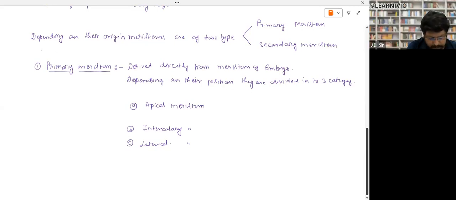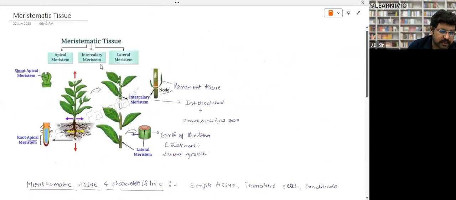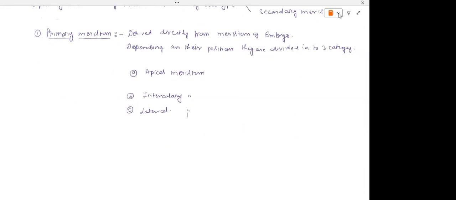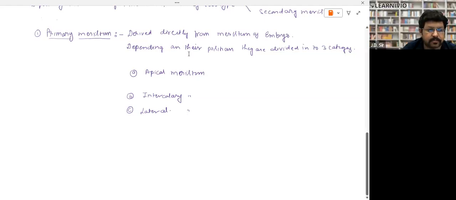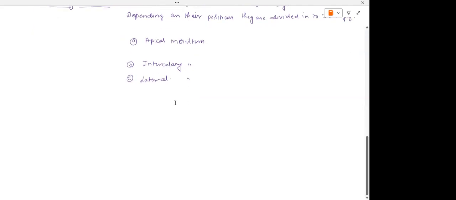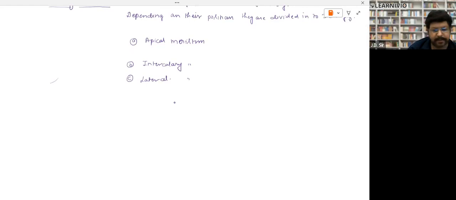So please note it down, the apical meristem. First subheading: these are the apical, intercalary, and lateral meristems. Is that clear till this point? All of you, Alia, Martin. Yes, sir. Okay, Siddhika. Fine. Great. So the first subheading is the apical meristem.